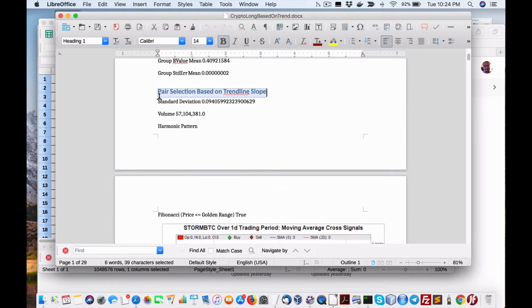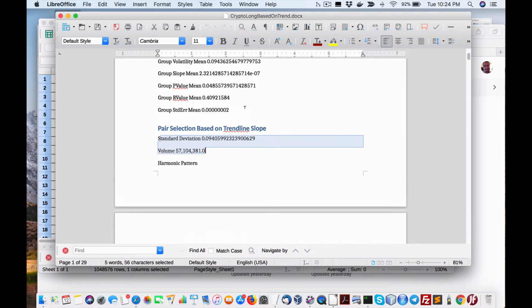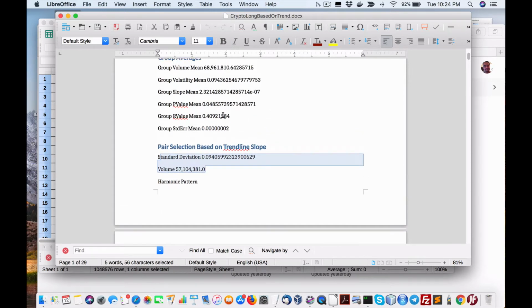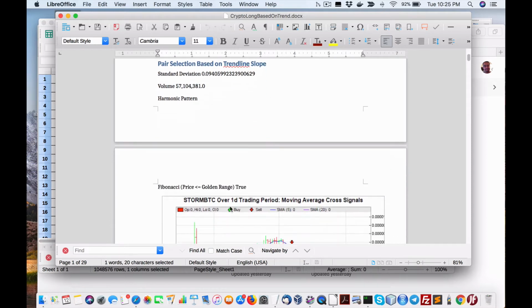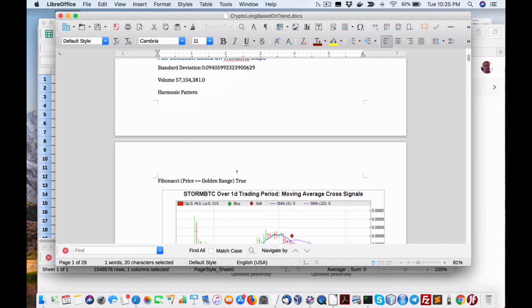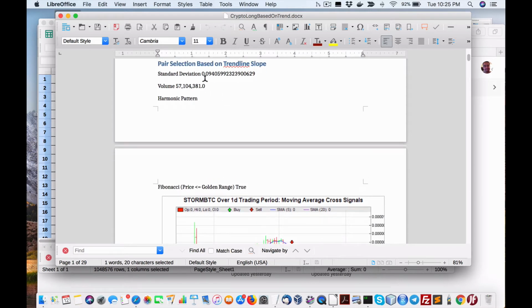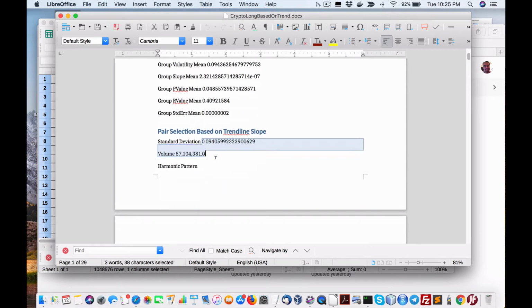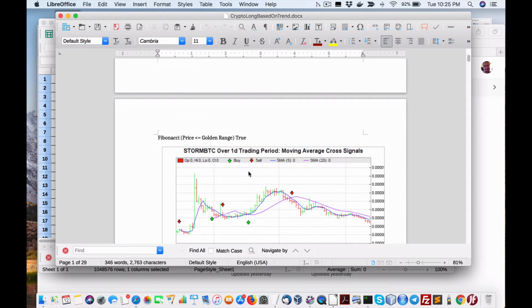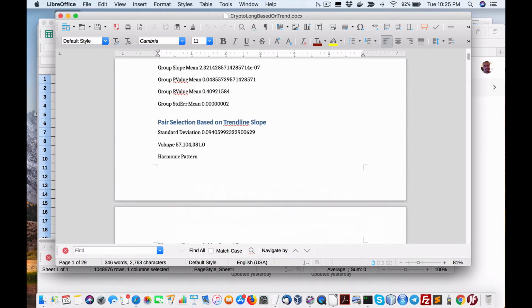We can always compare our individual standard deviation or volatility against the group volatility, following the same pattern as before, where the individual volatility is below the group volatility. In this chart I also display the volume, so you can see it's quite high.